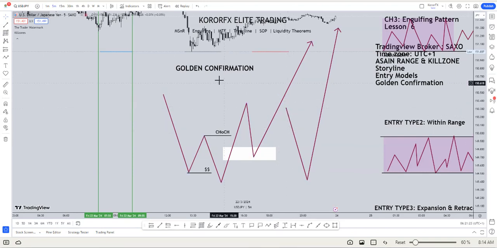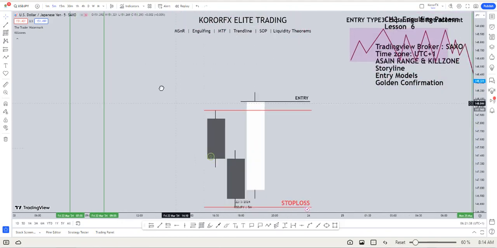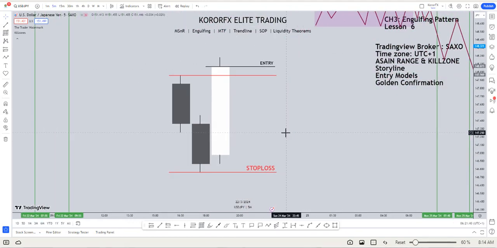So with golden confirmation, you don't need all this information. You will get an entry exactly when you see an engulfed candle, because golden confirmation is all about engulfing. It's very simple, but you have to understand that the golden confirmation that I'm using is engulfed entry.